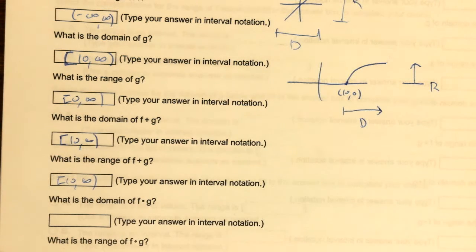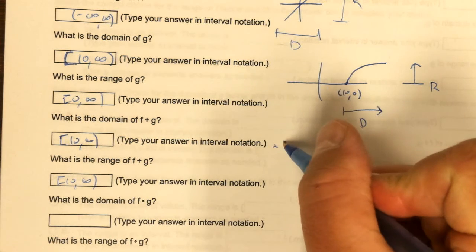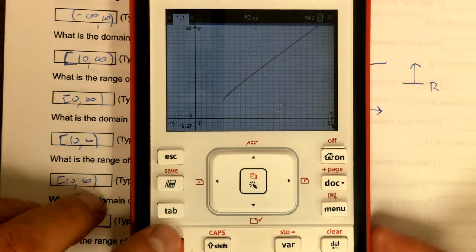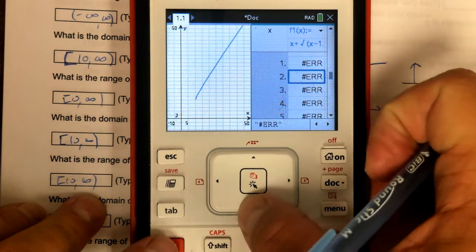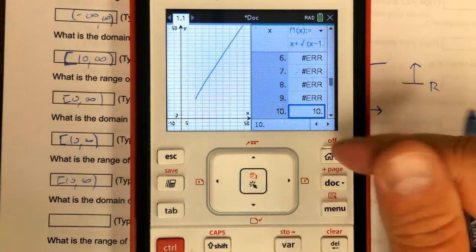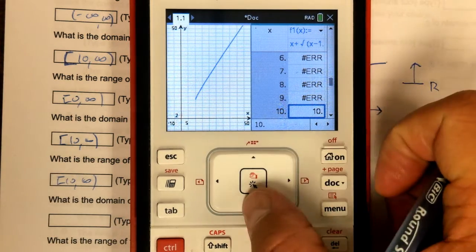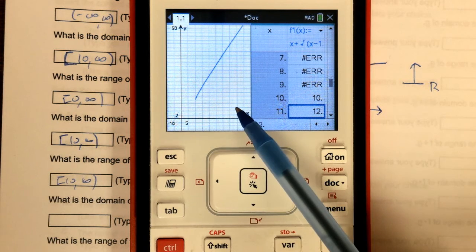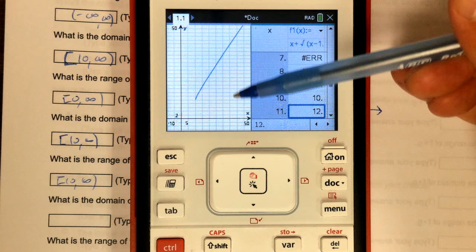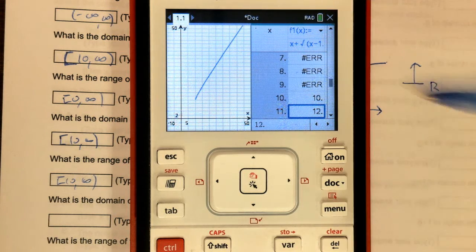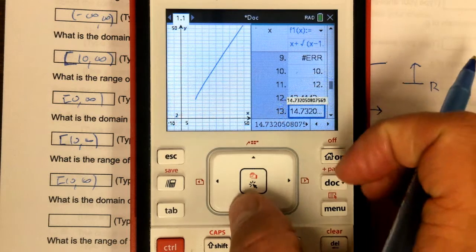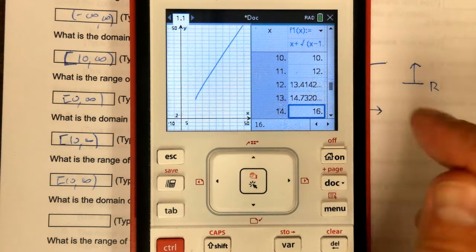In other words, it's x greater than or equal to 10 and y greater than or equal to 10. When we went into our table, 10 was the first x, 10 was also the first y. So anything to the right of 10, including 10, and anything at 10 or higher. They are at different rates because of the square root.